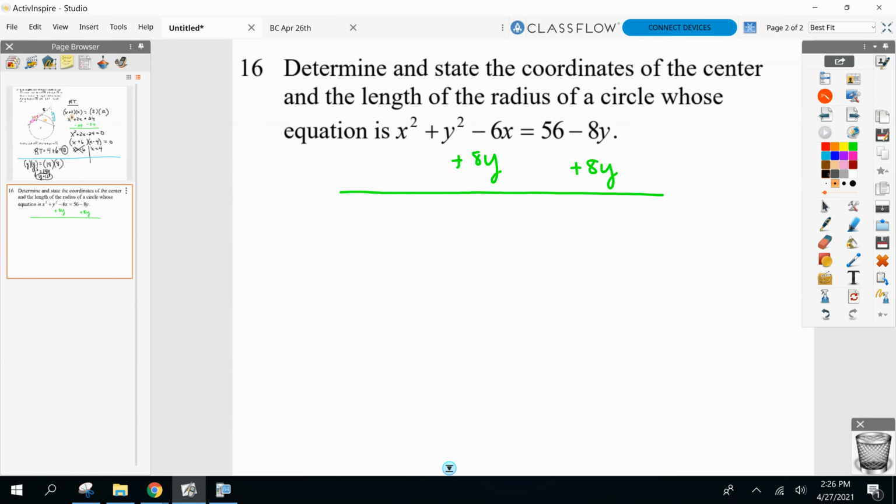Make sure x's are grouped together, x squared minus 6x, and your y's are grouped together, y squared and 8y. The single number without a variable, called the constant, has to be on the other side. So right now we are all set and ready to complete the square.